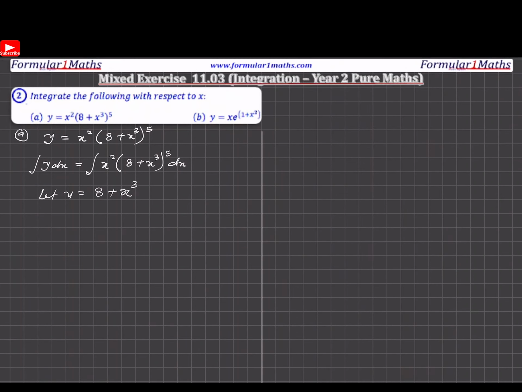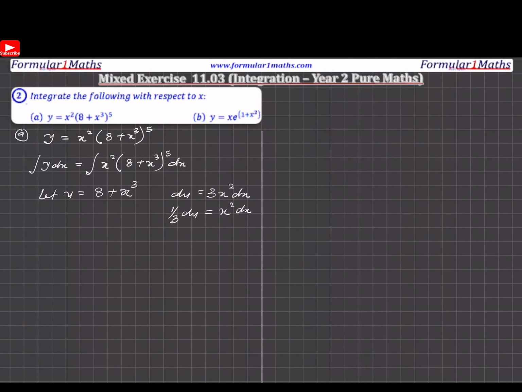Then du will be equal to 3x squared dx. If I do 1/3 du, that will be equal to x squared dx. So now I can replace x squared dx with 1/3 du, and the 8 plus x cubed will be replaced by u.